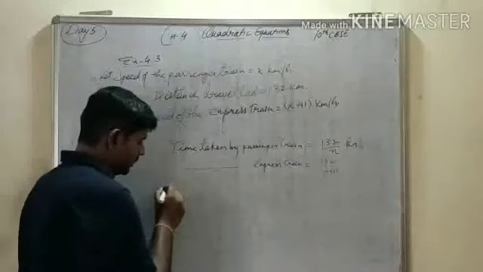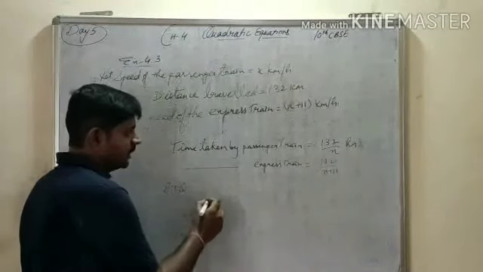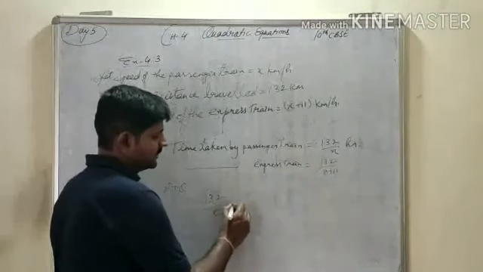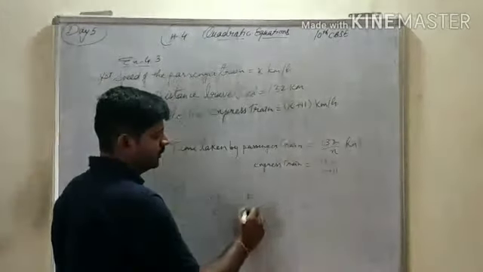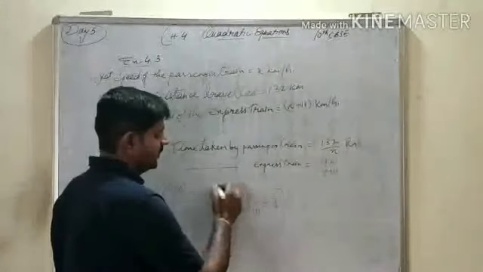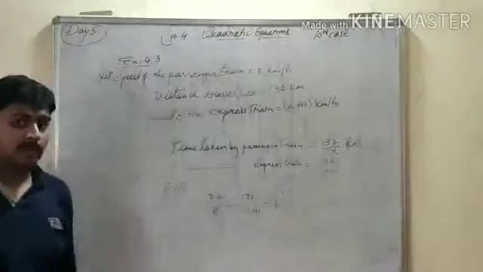So according to the question, it will be 132 upon x minus 132 upon x plus 11 equals 1 hour. That we can solve and we can form an equation.